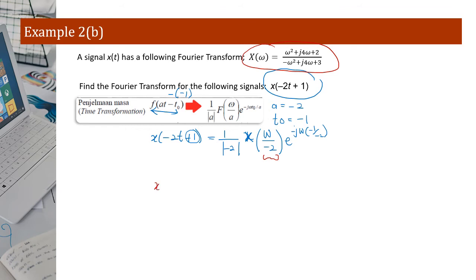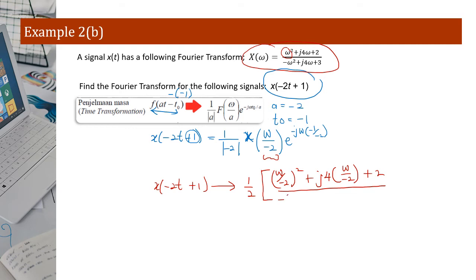So now x(-2t+1) will produce 1 over 2 times X(omega), where all omega must be divided by negative 2: (omega over negative 2) squared plus j4 times omega divided by negative 2 plus 2, divided by negative (omega divided by negative 2) squared plus j4 times omega divided by negative 2 plus 3, then multiplied with e to the negative j omega over 2.